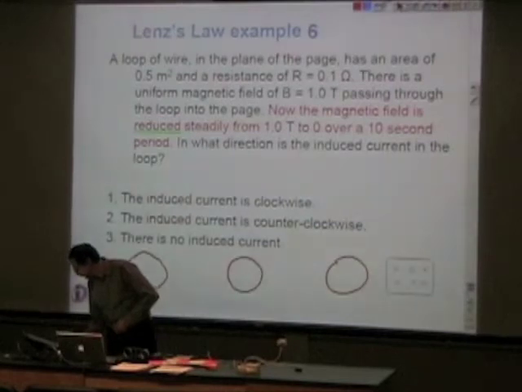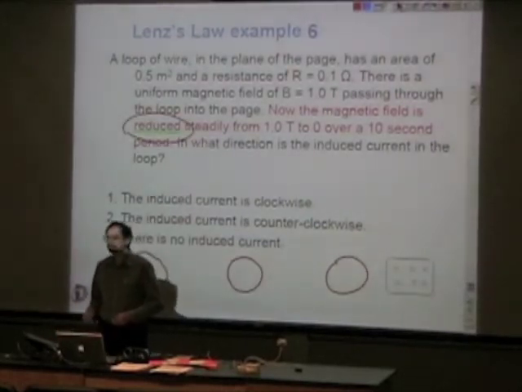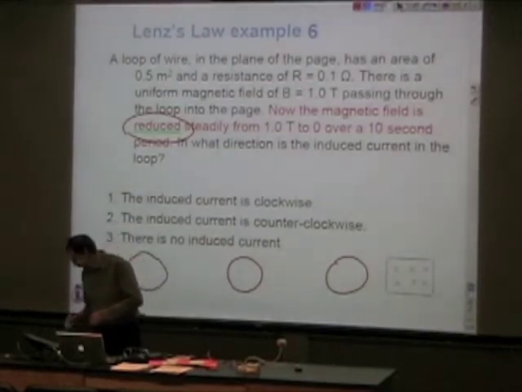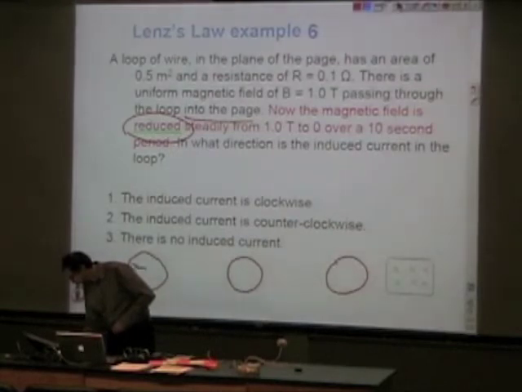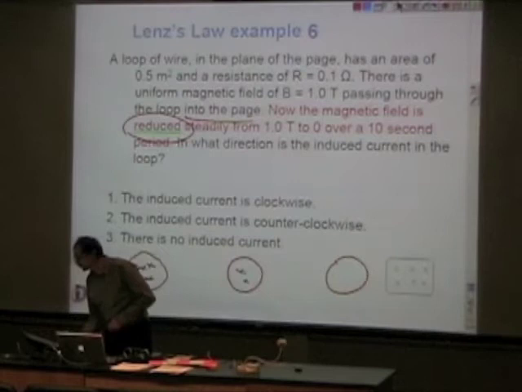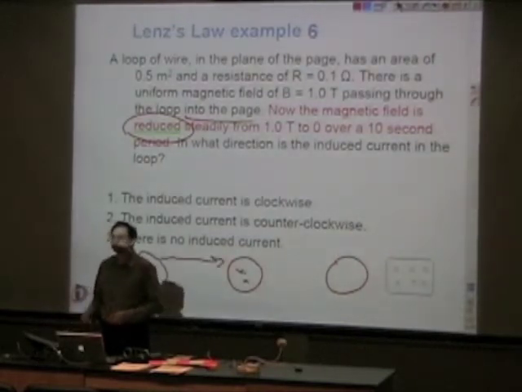So initially, when the magnetic field reduces, that means we have fewer magnetic field lines in the loop. What is the direction of the magnetic field? Into the page. So we have a lot of magnetic field lines into the page, and now we have just a few, right? So what kind of change is happening? Flux decreases in magnitude.